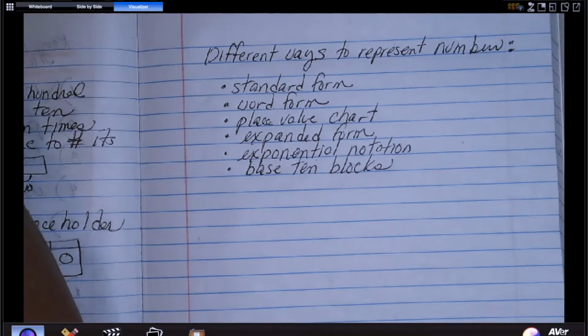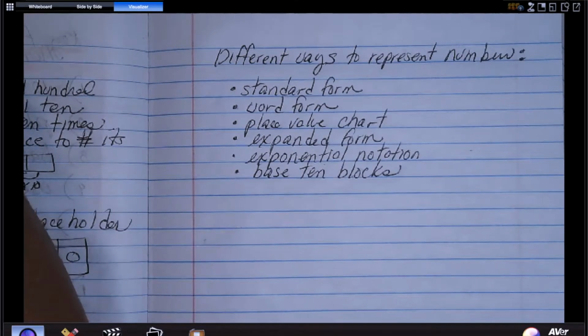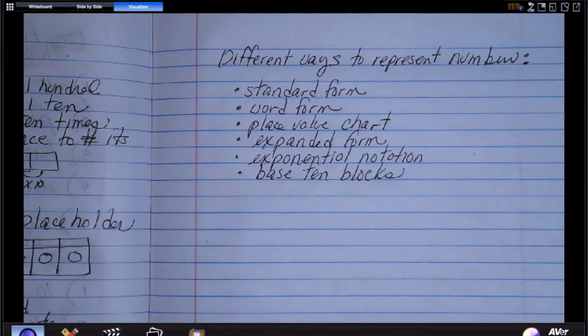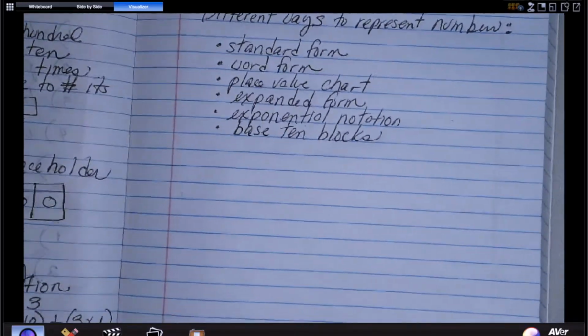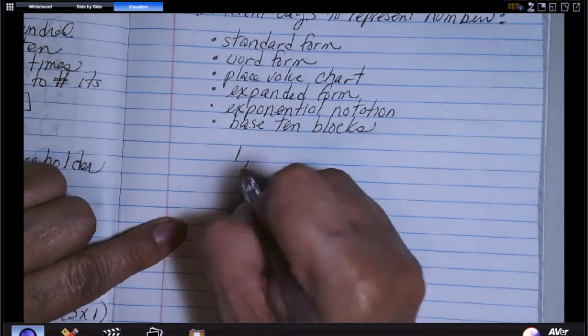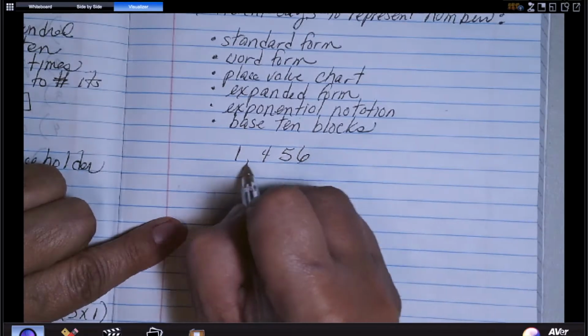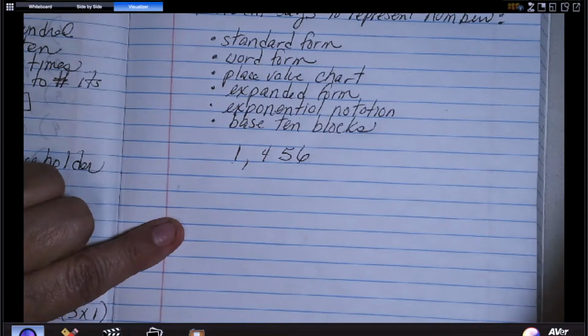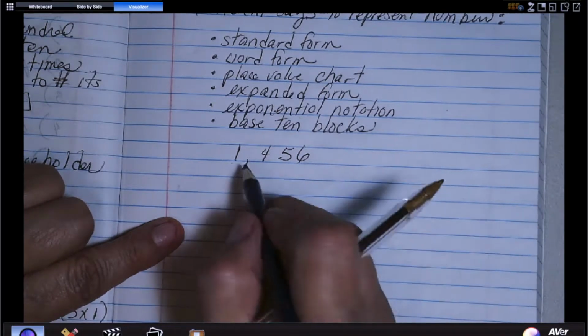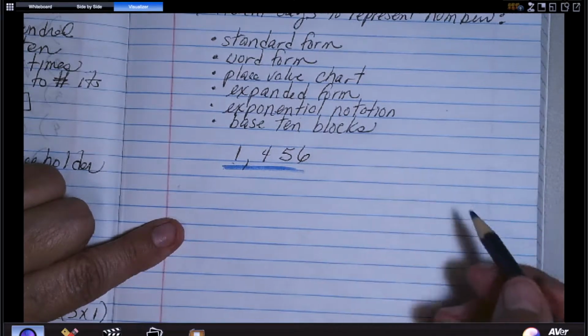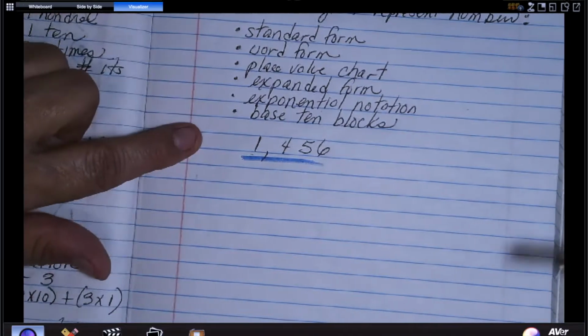Okay, so let's look at each one of these. So let's go ahead and write the number 1456 using each one of these.